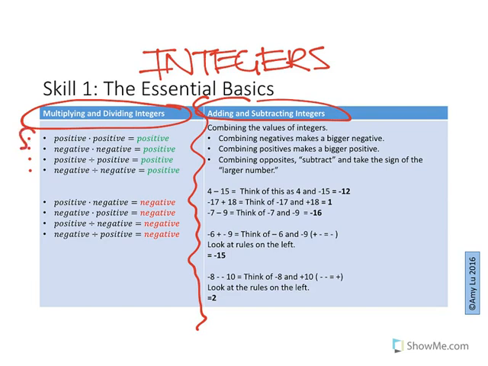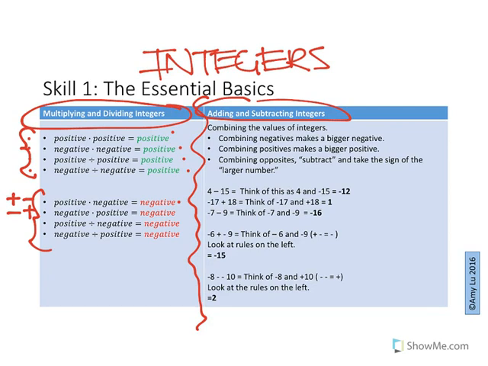Basically, when it comes to multiplying and dividing, the rule is when you're multiplying or dividing by the same type of number, positive, positive, or negative, negative, it always results in a positive answer. If you're multiplying or dividing by a positive and a negative, or a negative and a positive, essentially those two will lead you to a negative answer. And that's the theme for multiplying and dividing integers.